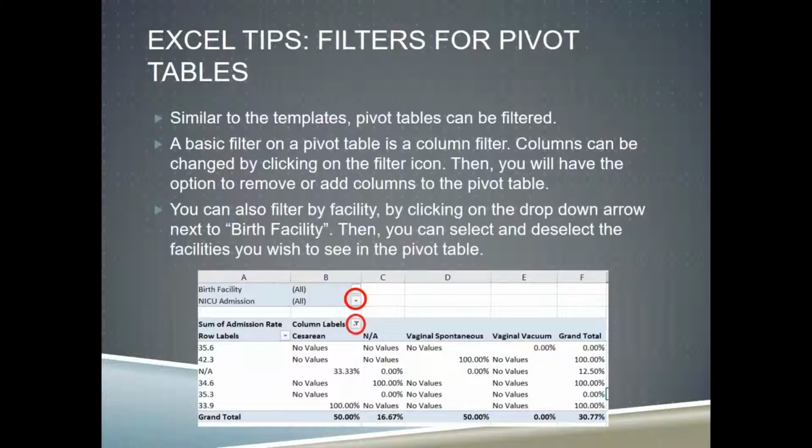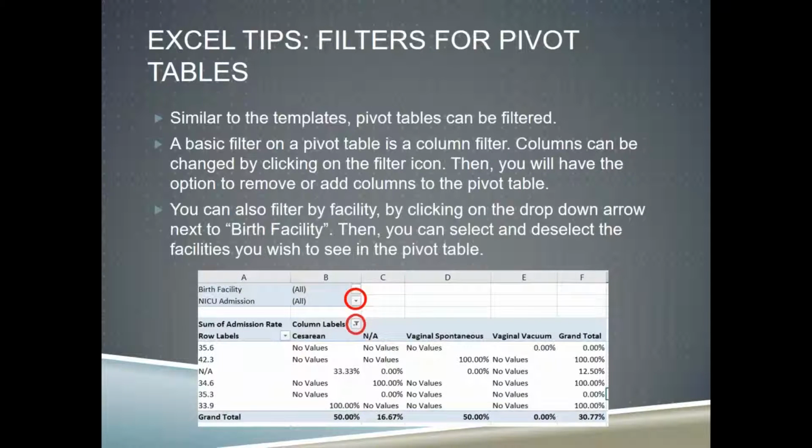It will highlight what values you can filter on, and you can condense your view. As an example, if NA for the delivery method makes no sense to you, because you want a cleaner report, you can just filter them out by disabling them from showing up.